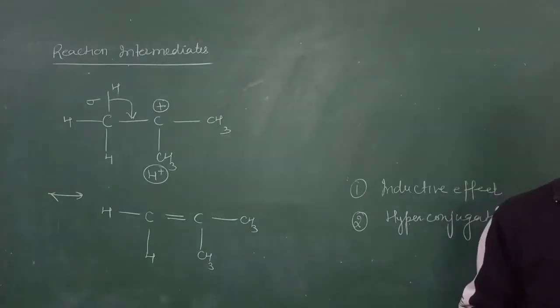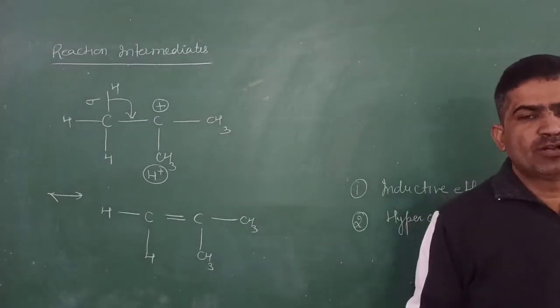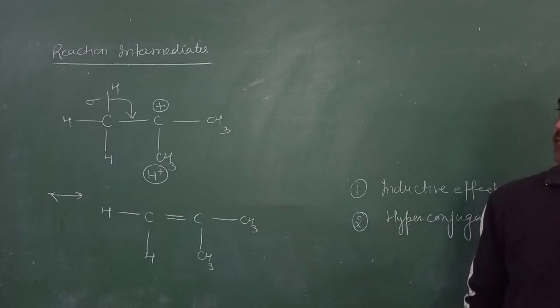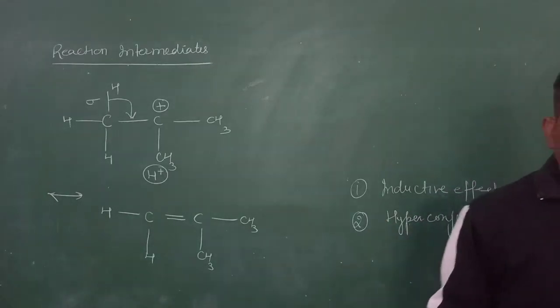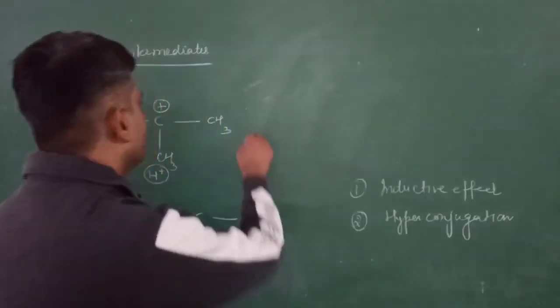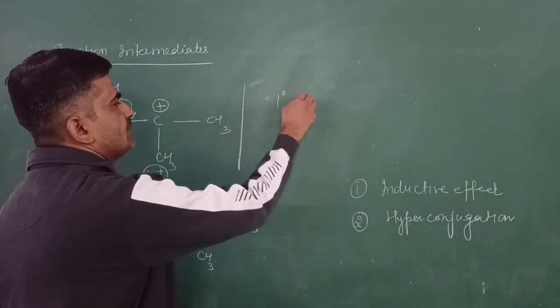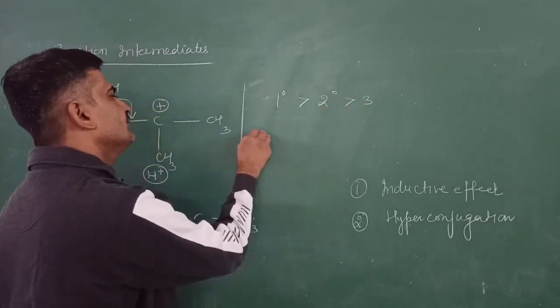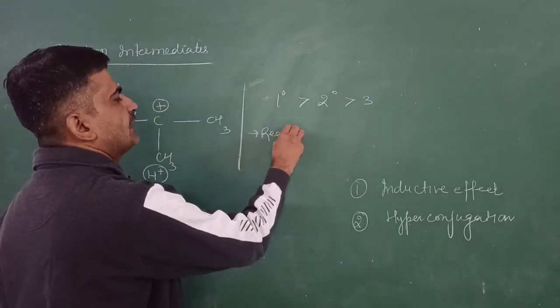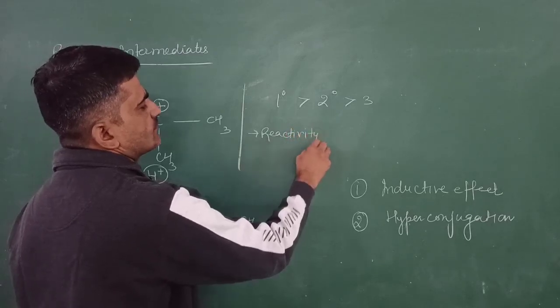In this way we can explain the stability order of this carbocation, and the reactivity order of this carbocation is primary is more reactive than secondary, than tertiary. This is their reactivity order.